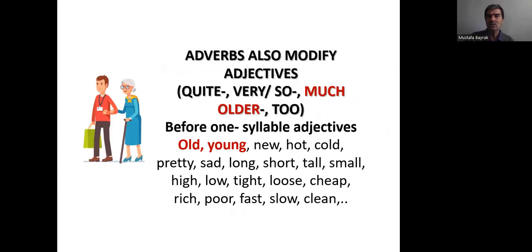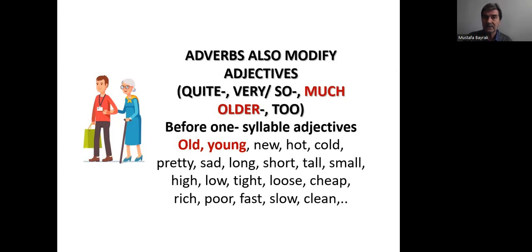For example, quite old, quite cheap, quite rich, quite poor, very rich, so poor, so rich, much richer, much poorer, too poor, too rich, okay, etc. Too clean, very clean, so clean.